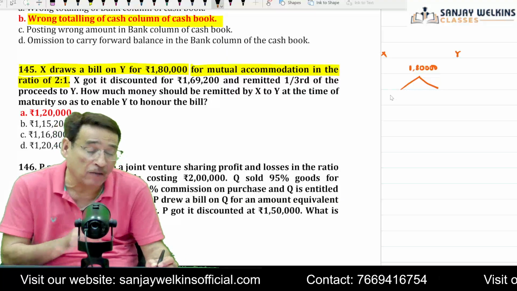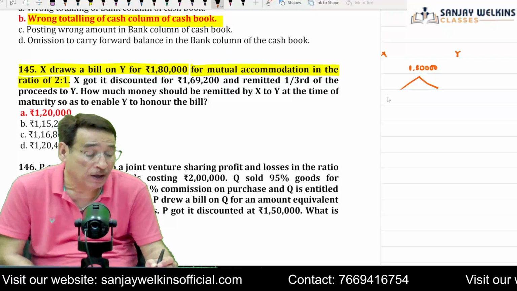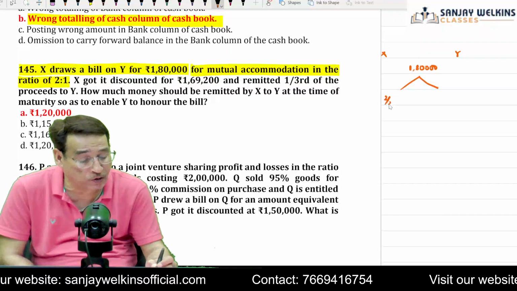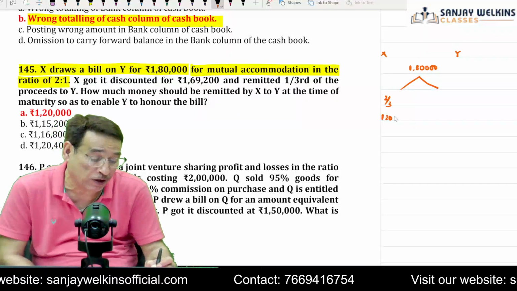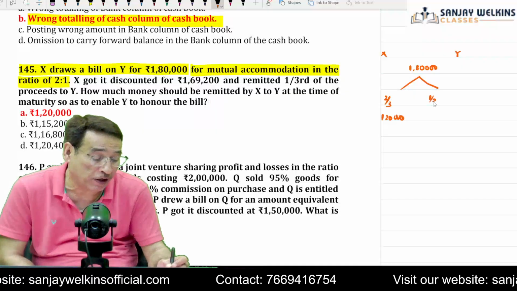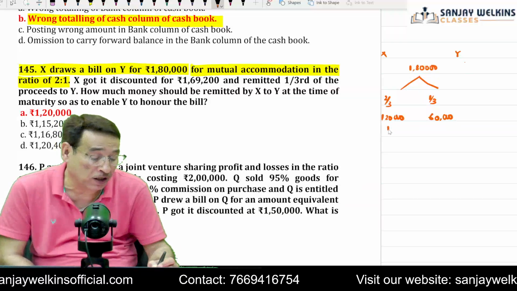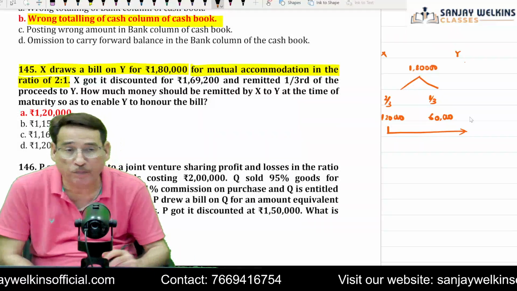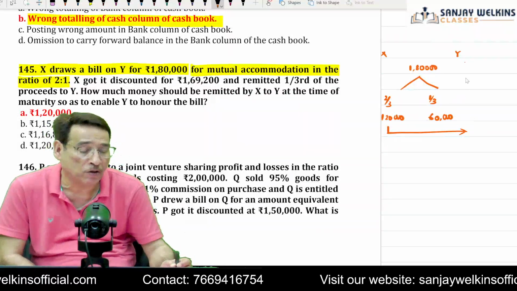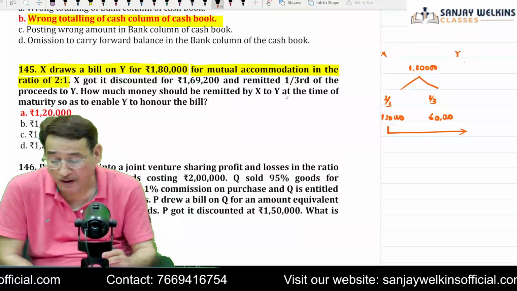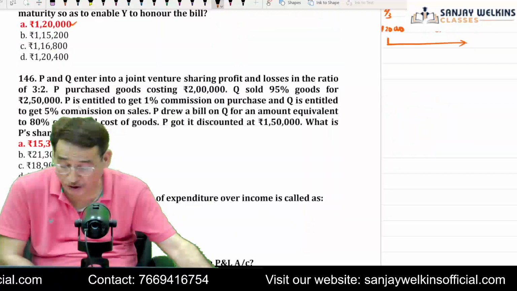After receiving the bill, X will get the money, and because their ratio is 2:1, X will keep 2/3 of 1,20,000 and 1/3 he will remit to Y. So the point here is that before the maturity date, it is the duty of X to pay Y so that he can ultimately honor the bill at a figure of 180. So 120 will be the answer in this particular case.